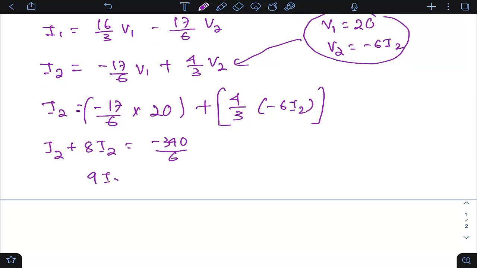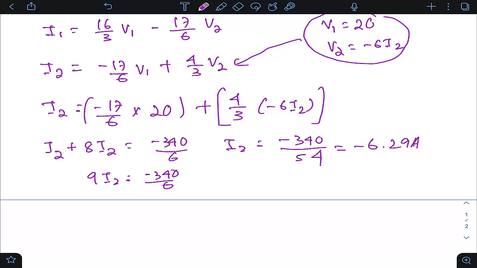So 9I2 equals minus 340 by 6, or I2 is minus 340 divided by 54. If you check it out, this is minus 6.29 ampere.